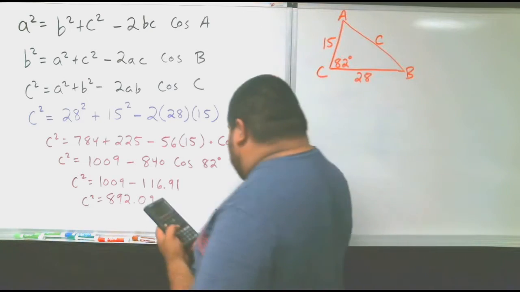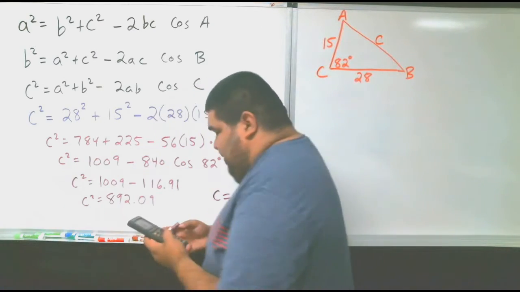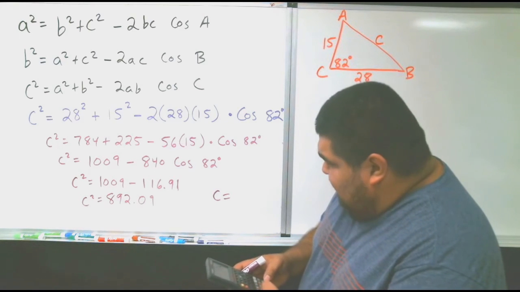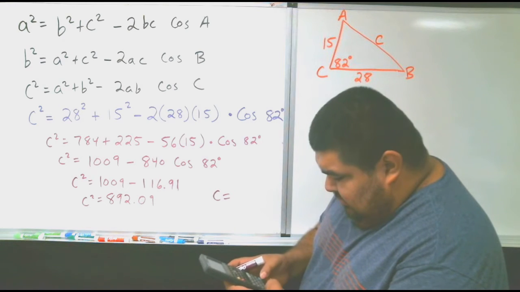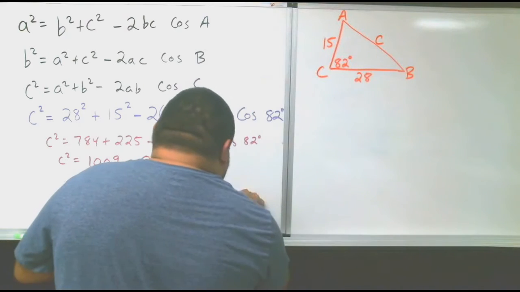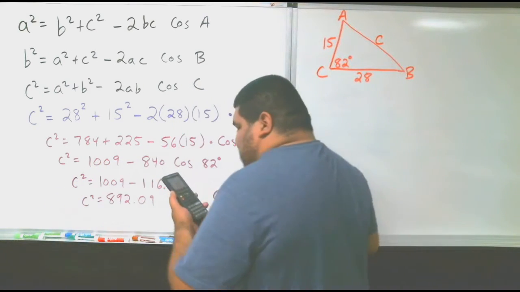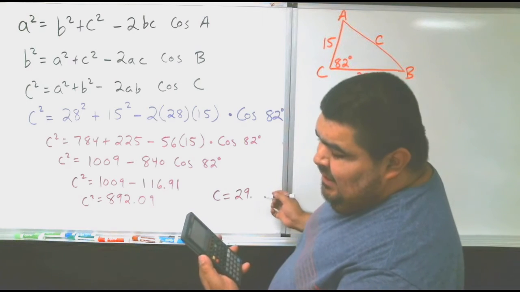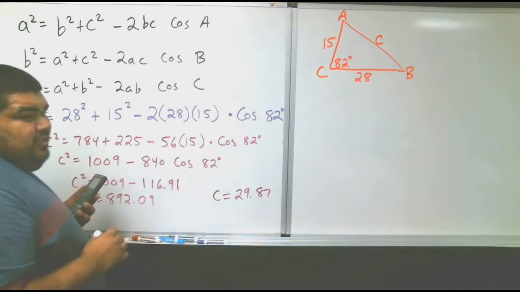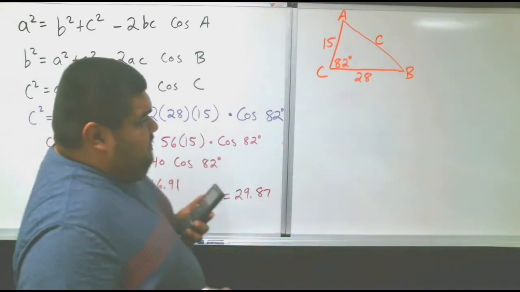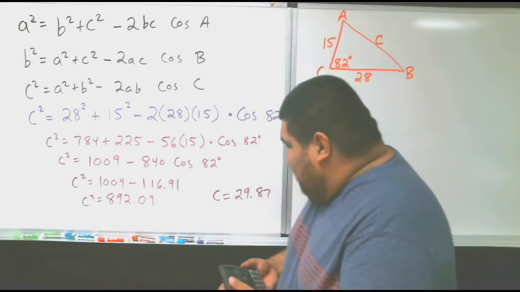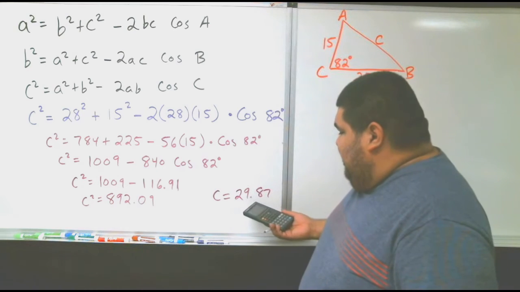So c equals, once we do the radical, shift radical of 892.09 equals 29.86, and the next digit rounds it up, so the side is 29.87. So side C, again, is 29.87.